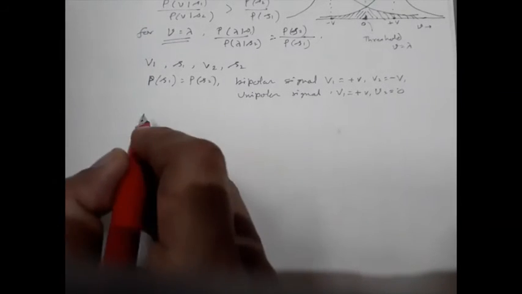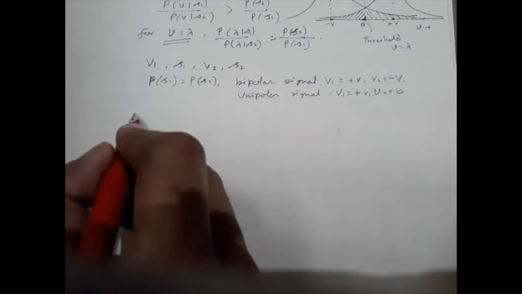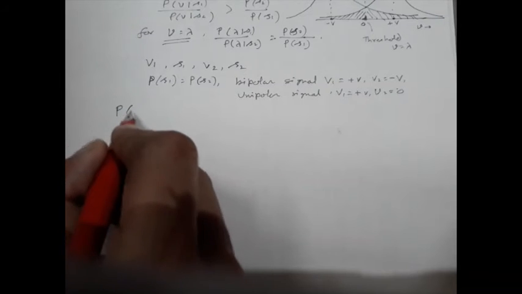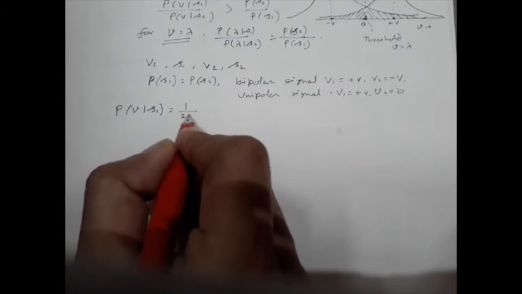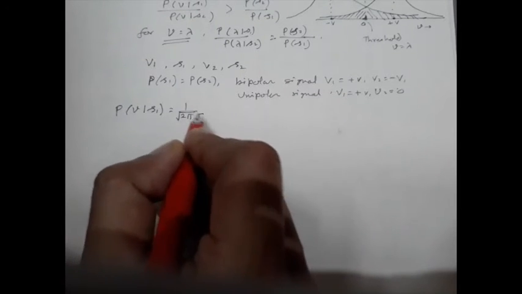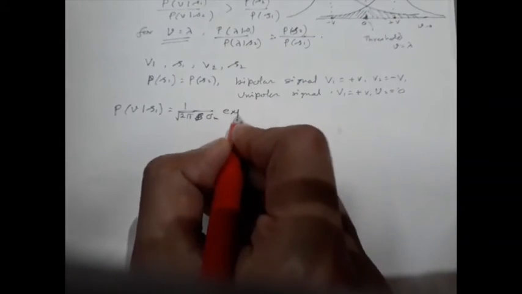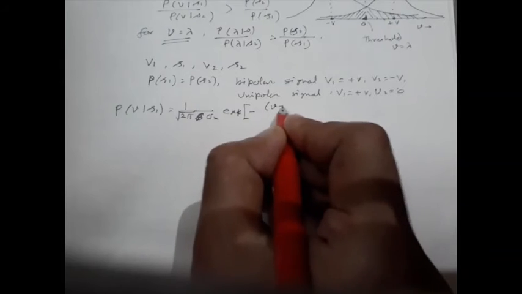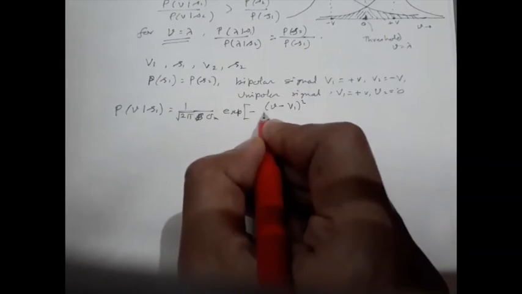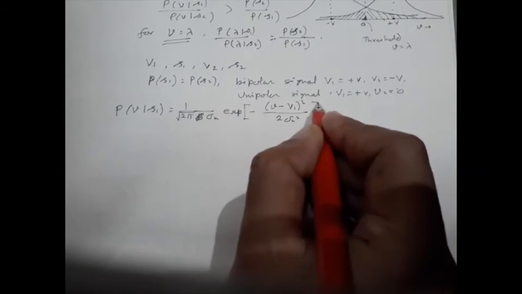Assuming that the noise is Gaussian in nature, which is the general case, we can write P(V|S1) equal to 1 by root over 2 pi sigma_n, exponential of minus (V minus V1) whole square divided by 2 sigma_n square. That is the standard way of writing a Gaussian function.